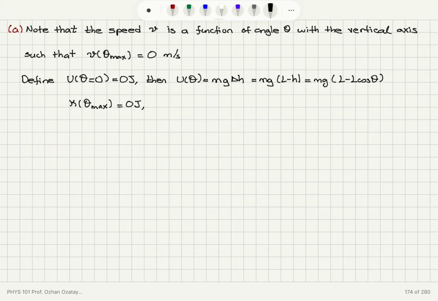When I write the change in the mechanical energy of the system, delta K plus delta U, this should be equal to 0. Why? Because there is no air friction, no friction in the system, so mechanical energy must be conserved.